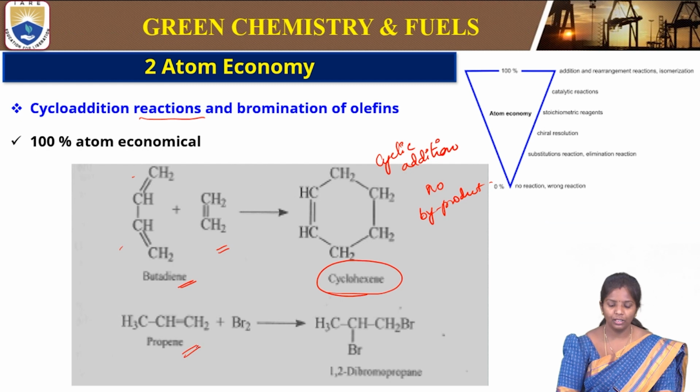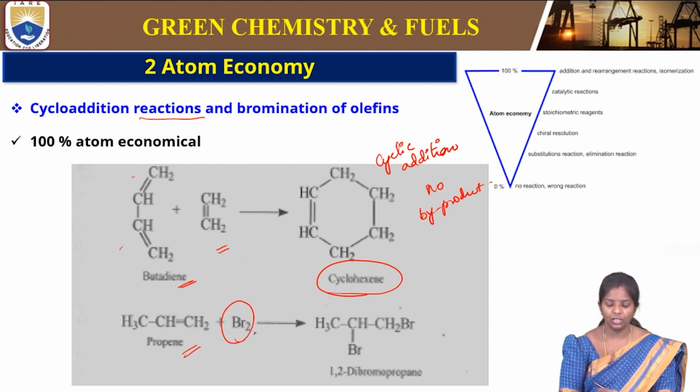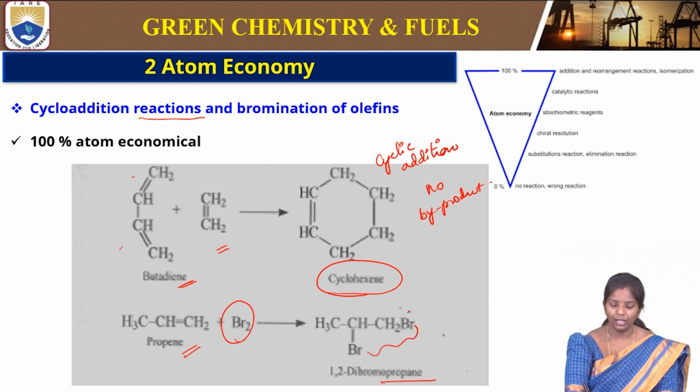One more example is propene reacting with bromine. It produces 1,2-dibromopropane. It is just adding the bromine atoms, Br2, to this molecule. So it is an addition, with no byproducts.